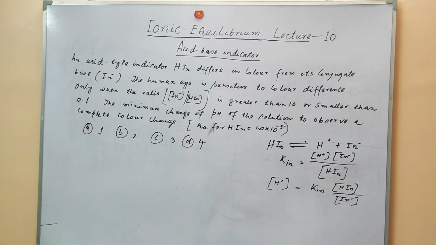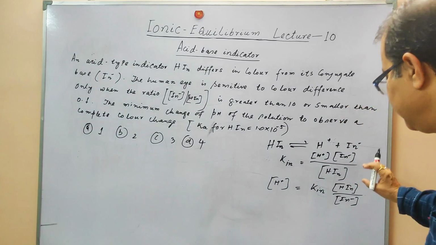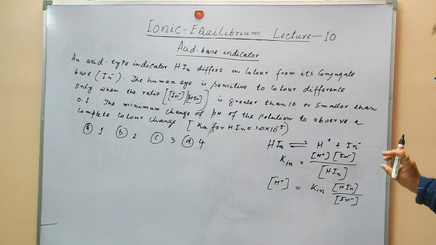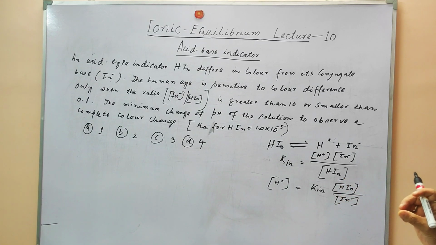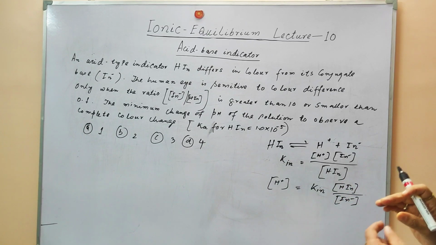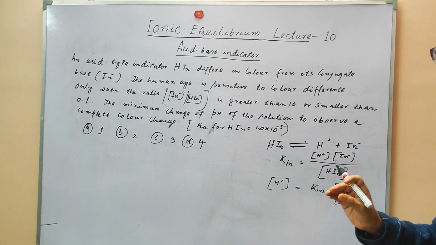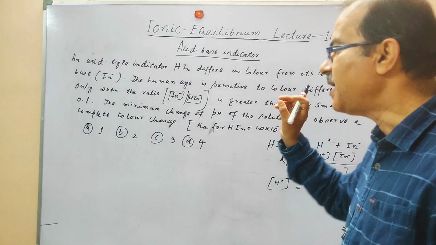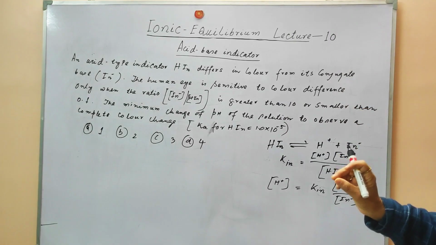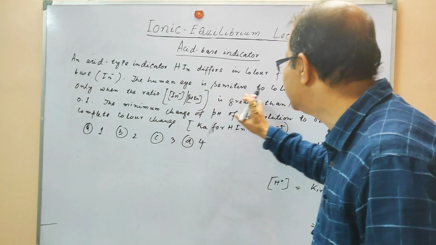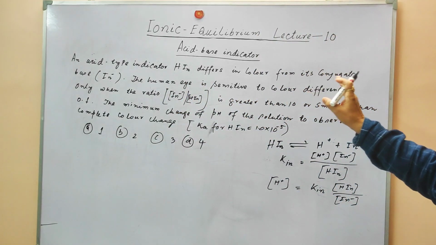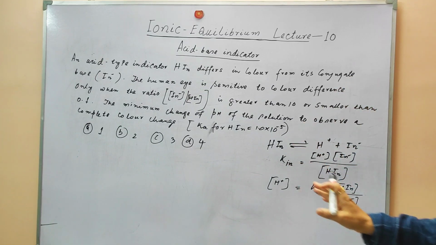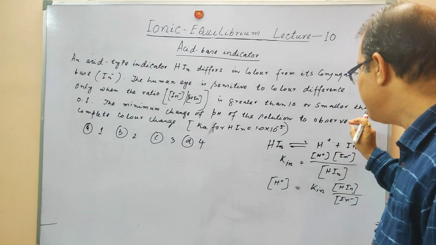So the concentration is a very important thing here. When the concentration changes, it affects the color change, and the human eye only sees it when this ratio is greater than 10 or less than 0.1.